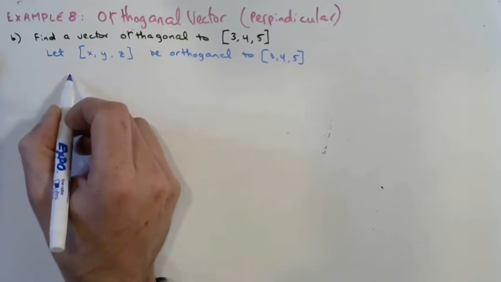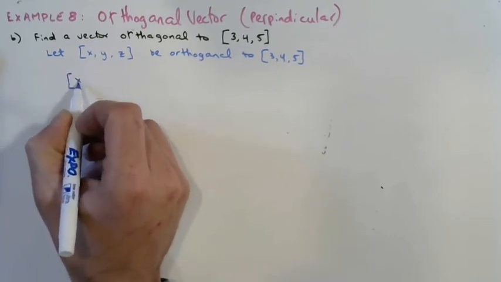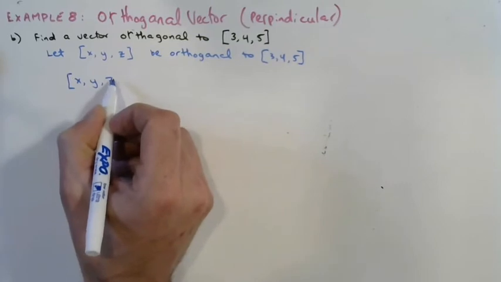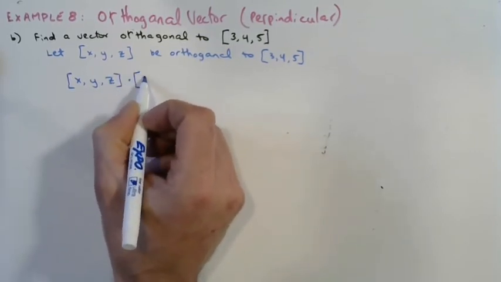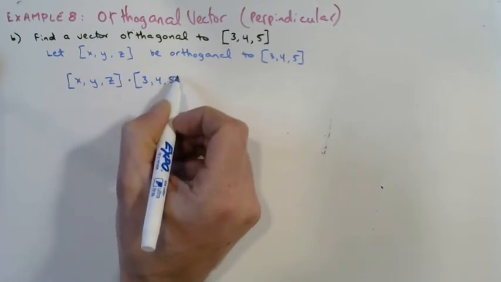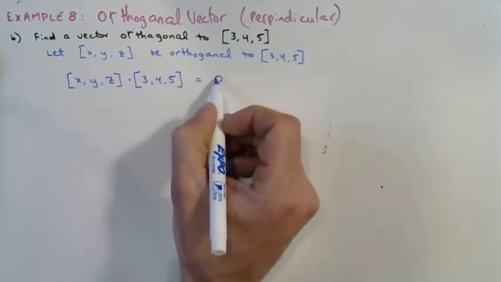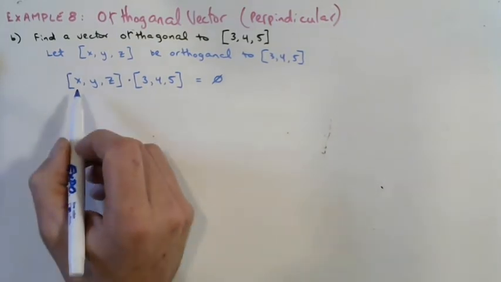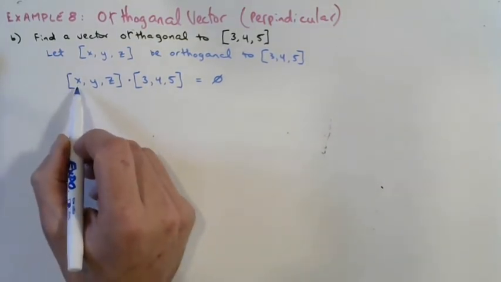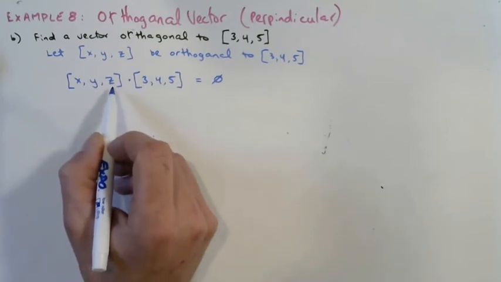What is the equation? Well, for the dot product, x, y, z dot 3, 4, 5 must equal 0. Okay? Now, I can pick any number I want for x and y, and I can find a z that makes it true. Okay? Why is that true?